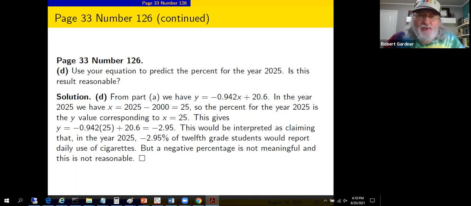We could run this backwards in time and probably find something along the lines of, in the year 1980, over 100% of high school 12th graders were smoking on a daily basis, and that's meaningless. It can't be more than 100% or less than 0%. So be careful when applying models, is kind of their angle on this one.